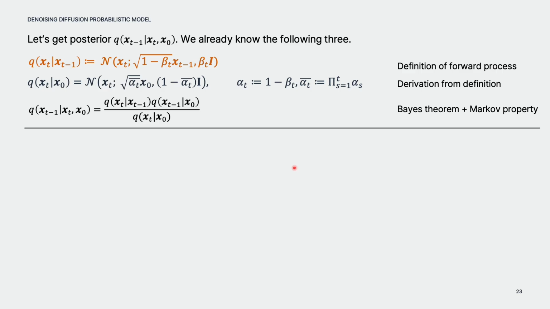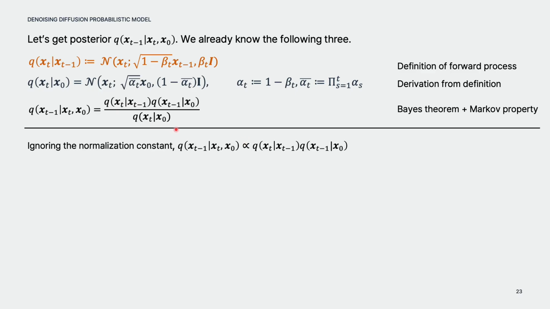As mentioned earlier, this q of x t minus 1 given x t and x0 is derived from the Bayes rule. And these three lines are the facts we already know. This is the definition of the forward process. This is the sampling of x t given x0. And this is what we get from the Bayes theorem and the use of the Markov property.